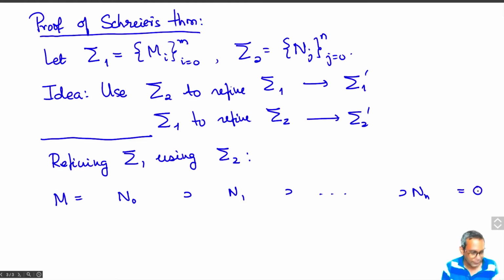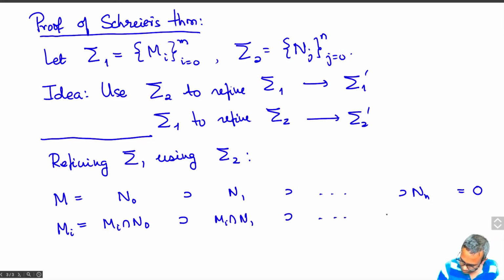Now let's take this and intersect it with M_i. So I get M_i is equal to M_i intersect N_0, which contains M_i intersect N_1, all the way to M_i intersect N_n, which is 0.